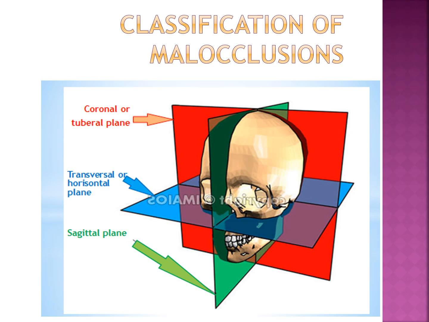I would like to remind you about cornerstones of medicine and of dentistry: about planes. As you know, there are three mutually perpendicular planes: sagittal, transversal or horizontal, and coronal or vertical plane.